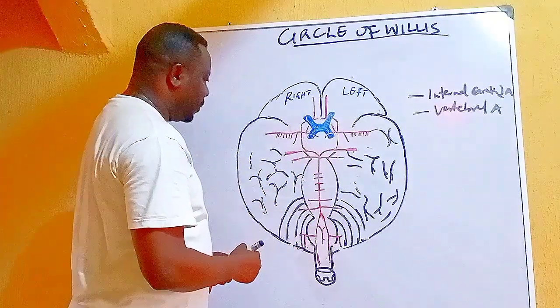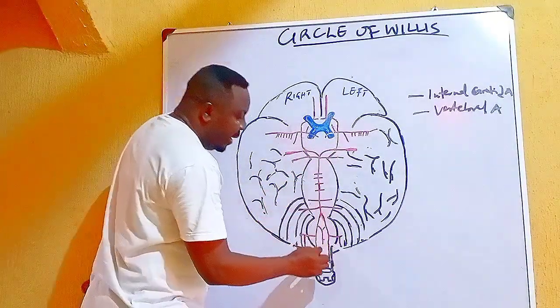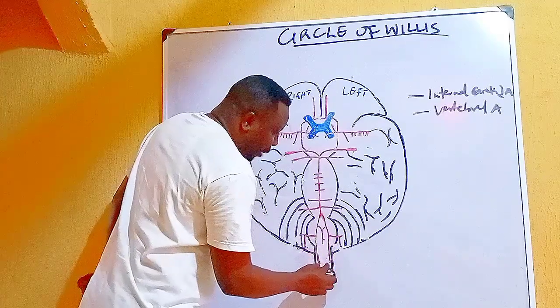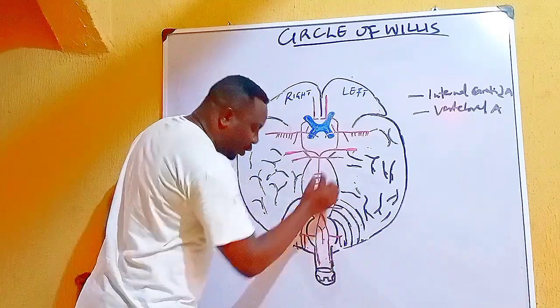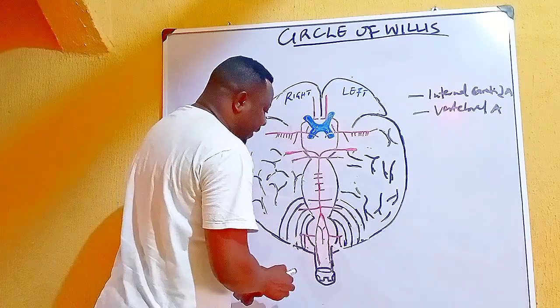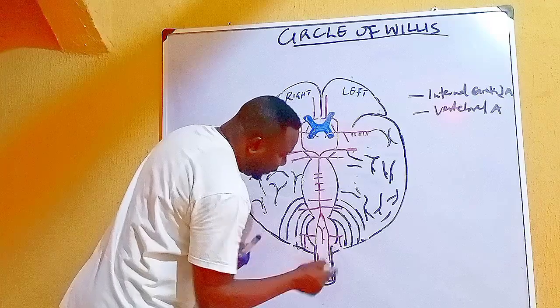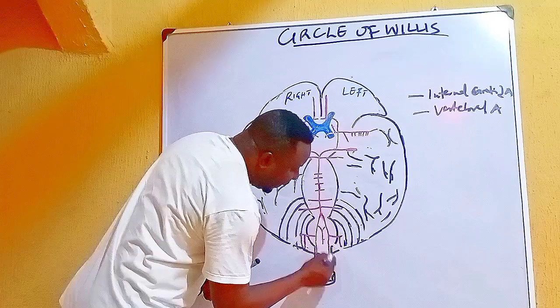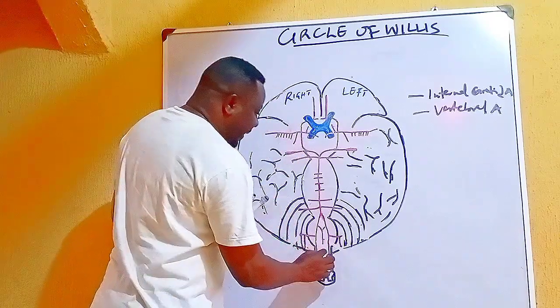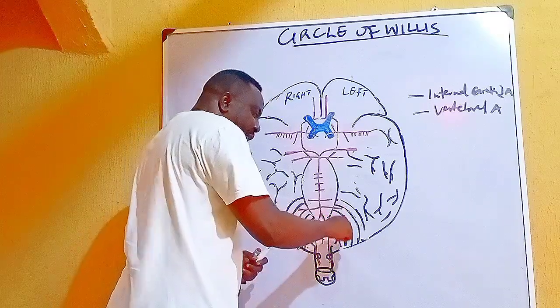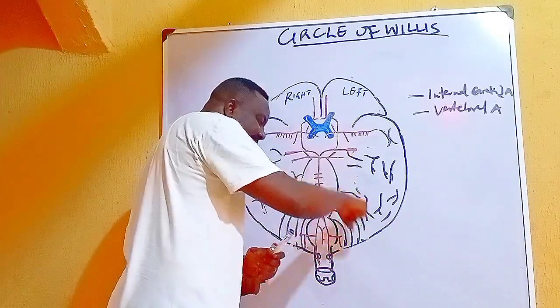Now, the vertebral arteries, like I said, are two. They pass through the transverse foramina of the cervical vertebrae and ascend upward to form what is known as the posterior inferior cerebellar artery.